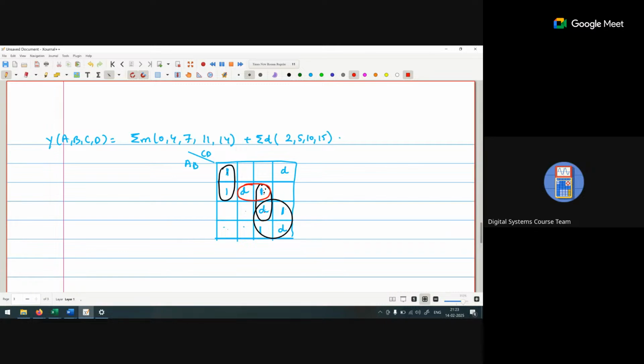If you create this min term group with the vertical don't care condition, this don't care condition is of no use, and this is also of no use. And if you create the group with the horizontal don't care condition, only one don't care condition is there, and that is not in use.